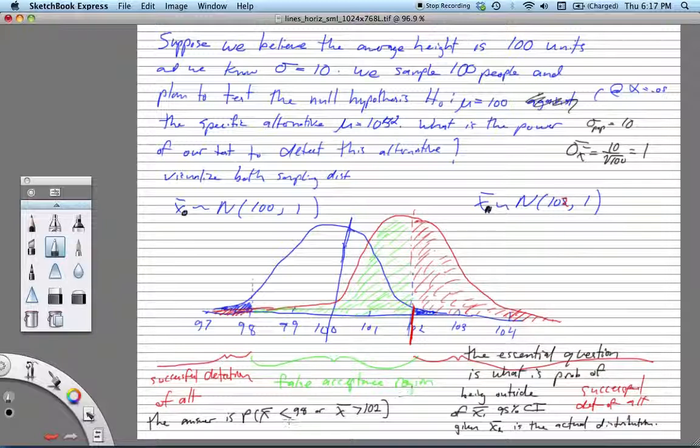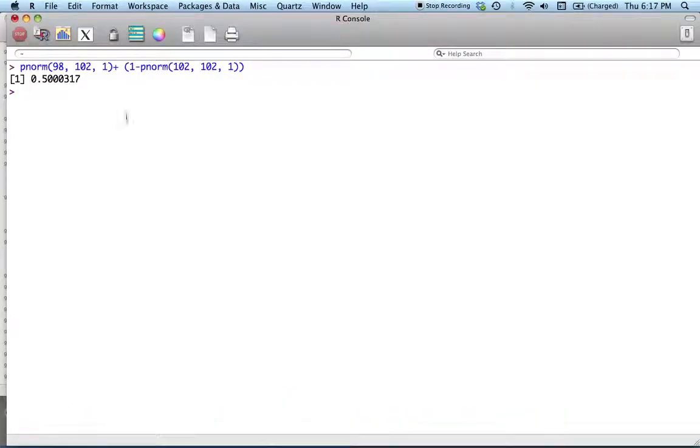So what I've done is I've popped into R to give us this probability. What I've reasoned is that the probability of being 98 or less, given that mu is 102, plus the probability of being greater than 102, which is 1 minus the probability of being less than 102, given mu is 102.